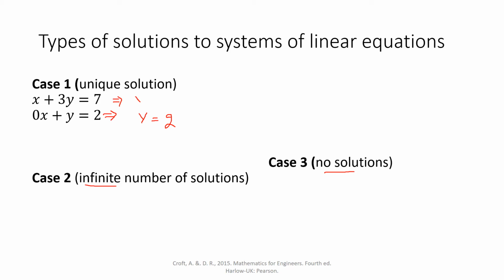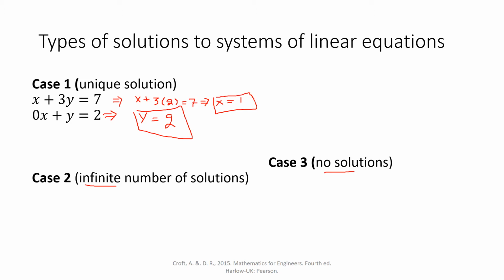So x plus 3 times 2 equals 7, and this will give us x equals 1. So look, x equals 1 and y equals 2, they are the unique solution.